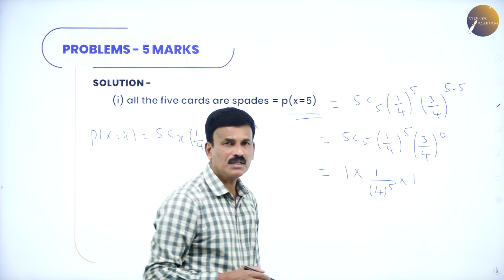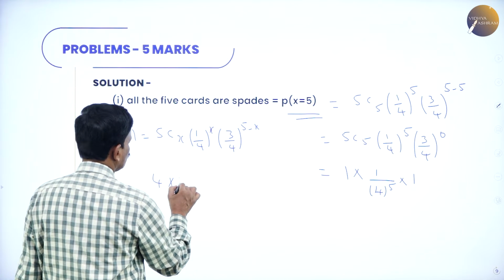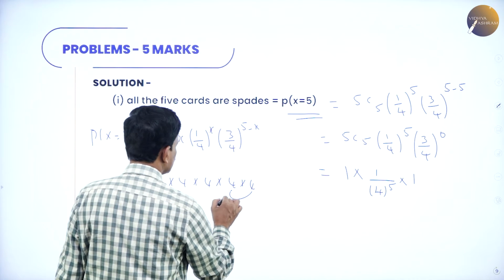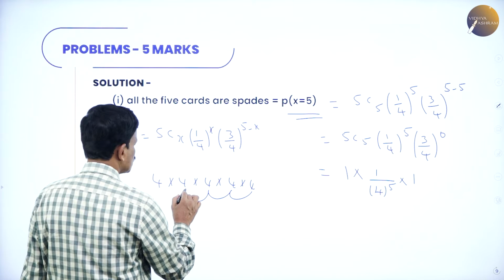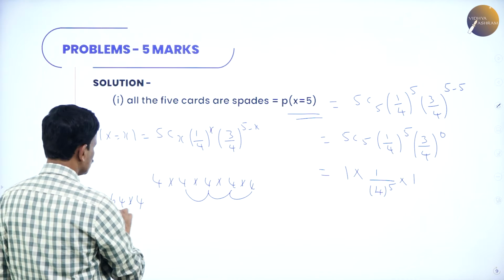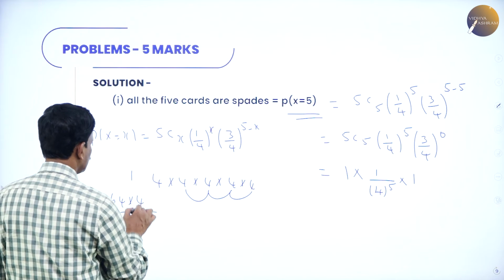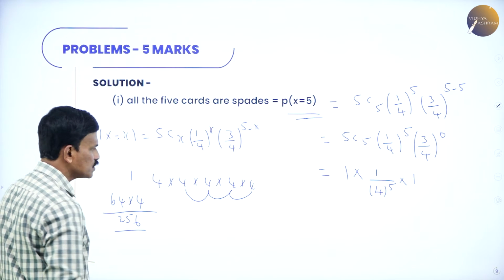So if you multiply 4 five times, 4 into 4 into 4 into 4 into 4. 4 4s are 16, 16 4s are 64, 64 into 4 is 256.